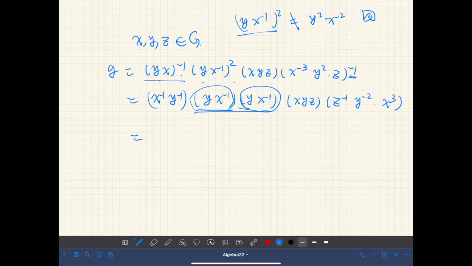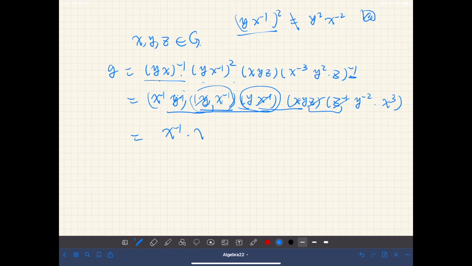Okay, so let's see. This part we can cancel y. And for this part we can cancel x. For this part we can cancel z. So let's cancel all of these. And wait a minute, where's y? Y inverse y, so they cancel.